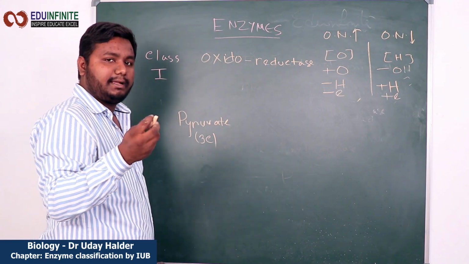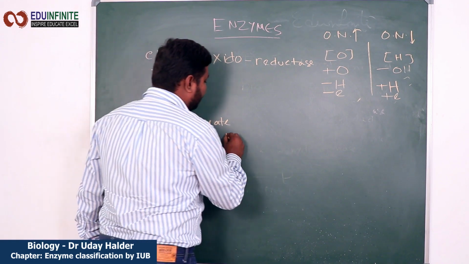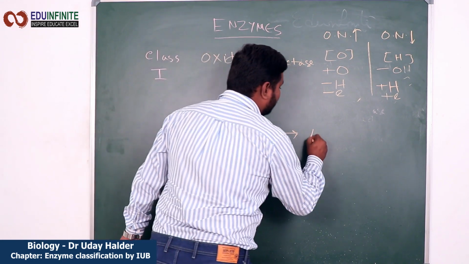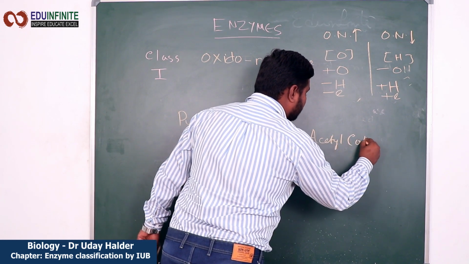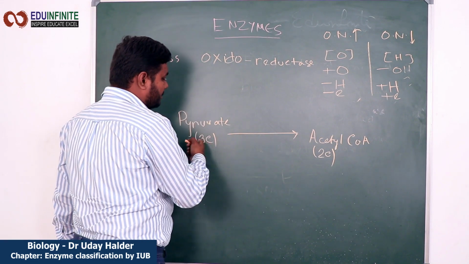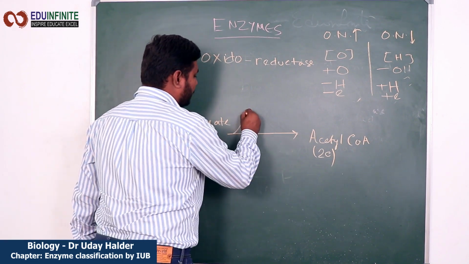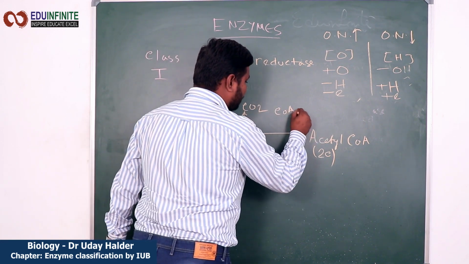You start this thing in aerobic respiration. So I'm taking that example for the time being. So pyruvate is converted into acetyl-CoA, which is having 2 carbons. And in this process, a carbon is lost as carbon dioxide, and also CoA comes, coenzyme A comes.